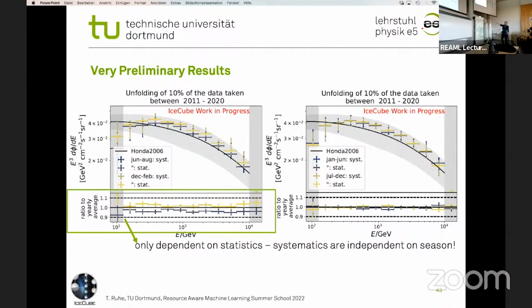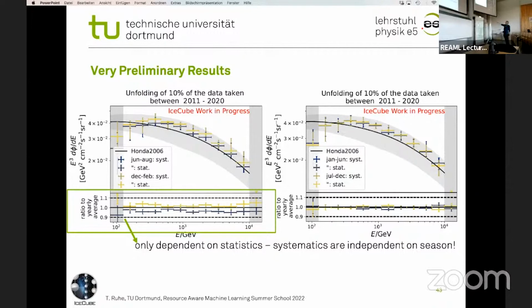But if you actually look at the ratio to the yearly average, then the idea is that the systematic uncertainties of the detector do not care about what season it is, right? If you look at this, then you can see some discrepancies here, right? This is season December to February and June to August, so summer and winter, basically. The definition of summer and winter sort of depends on if you're in the north or in the south, but you can see discrepancies, right?